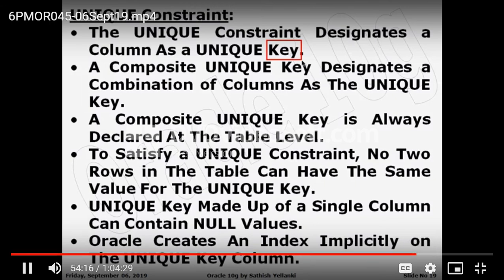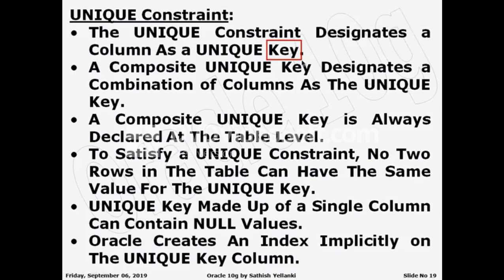When you were implementing searching techniques or sorting techniques in C language, we used to declare one variable called key. That variable always is used for putting the value that we want to search in the data structure. So key is a very common terminology.